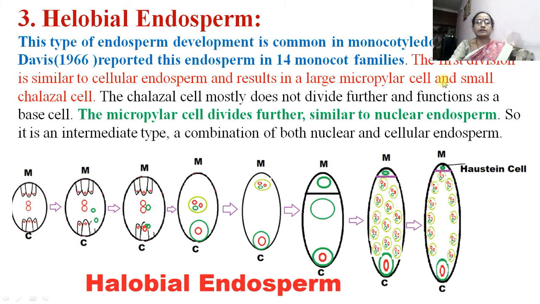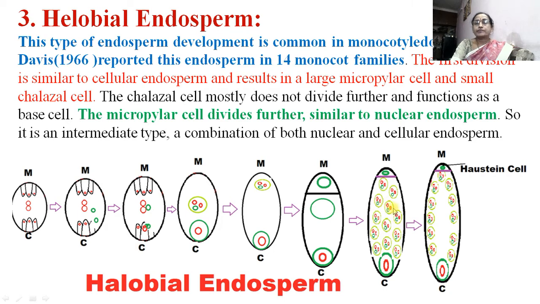Here this is the embryo sac, and after the double fertilization and triple fusion, the primary endosperm nucleus is formed, and the first division of this primary endosperm nucleus is cellular, meaning when two nuclei are produced, there is cell plate formation in between these two nuclei. In this case two cells are produced, but these two cells are unequal. The micropylar cell is larger while the chalazal cell is smaller or shorter.